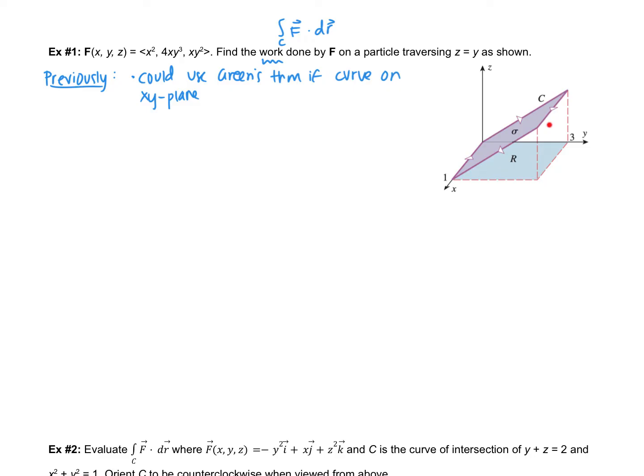The particle is traversing this way on that purple plane. So we couldn't use Green's theorem in this case because our curve is not on the xy plane. Or we could have parameterized those 4 lines separately and set up 4 line integrals.